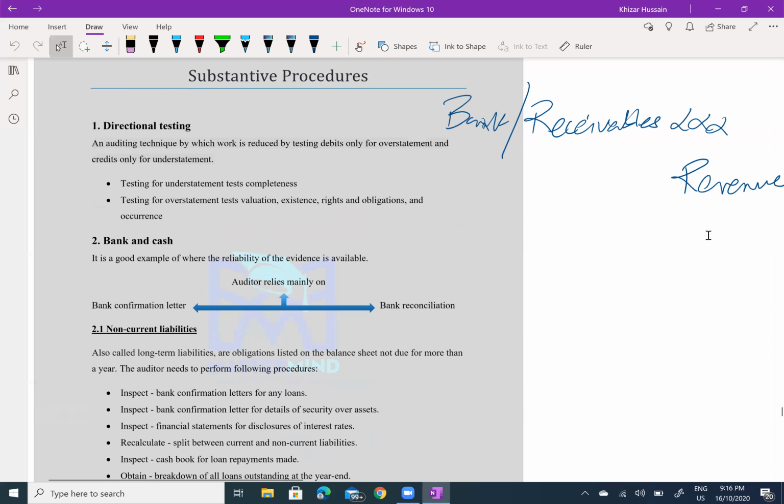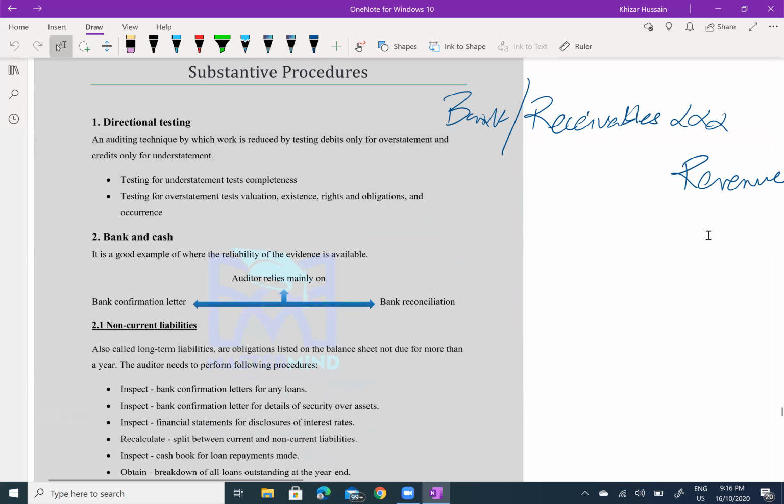That verifies the overall process, how robust the process is. When we talk about procedures, we say that you test the balances, you test the transactions, the classes of transactions, or you test the events, the numbers of the events. How is the event reported?